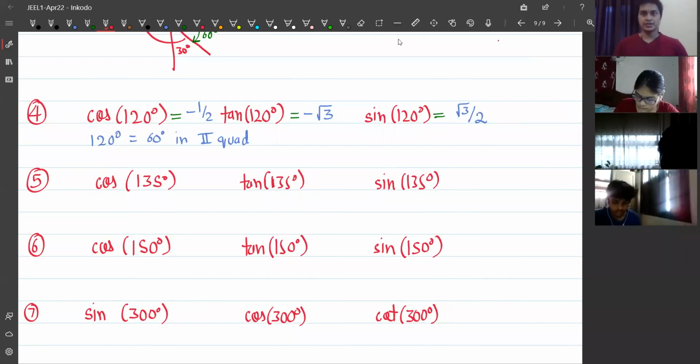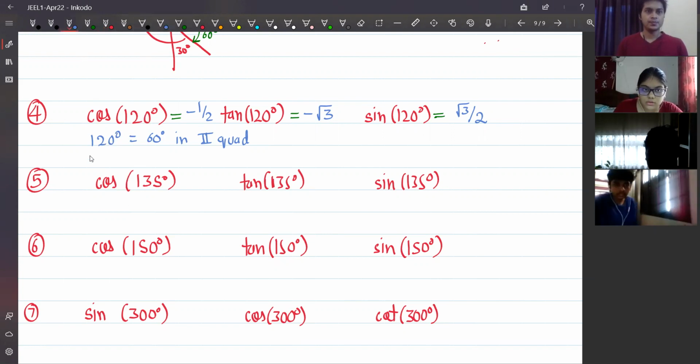Vaishnavi, tell me the answers for the second line. Question number 5. First tell me, 135 is equivalent to how much in degrees? 45 degree in the second quadrant.